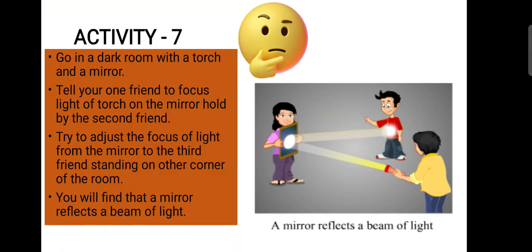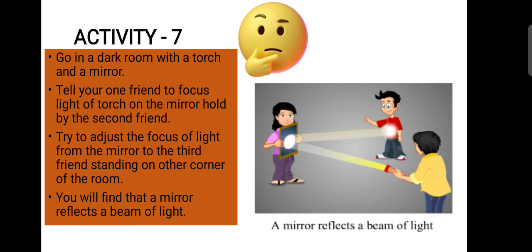Now children, we have discussed activity 7. Here we have seen how the arrangement can be done, how the light from the torch is flashed on the mirror, and how that light gets reflected from the mirror. That patch of light you can see either on a wall or by making your friend stand there.